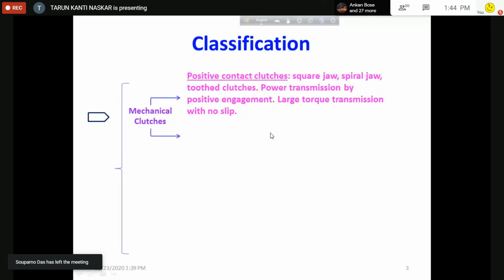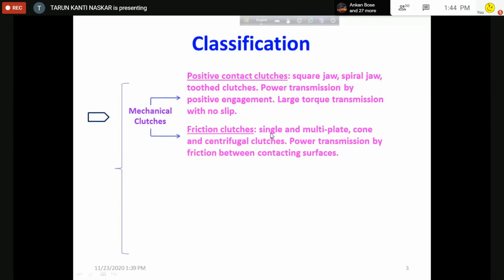Now, the other one is the friction clutch, and we will concentrate on the friction clutch. In this class, we will study the friction clutch. So, friction clutches are single and multi-plate, cone and centrifugal clutches, power transmission by friction between contacting surfaces.